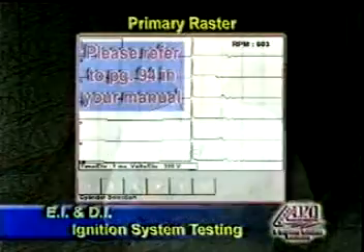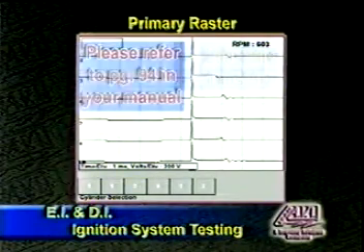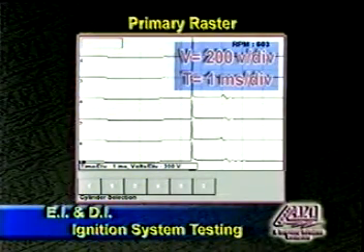So with that in mind, we actually need to go to a primary raster pattern and focus on a dwell period, maybe trying to pick up a dwell variation problem to see if we have too much slop in the distributor drive gear, distributor bushings, timing chains, etc. This is the pattern you need to use in the event that you have any kind of erratic dwell variation problems.